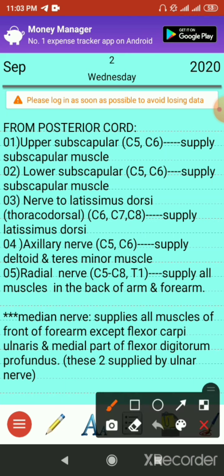And the median nerve supplies all the muscles of the front of the forearm except flexor carpi ulnaris and the medial part of the flexor digitorum profundus, because we already said that these two muscles are supplied by the ulnar nerve.